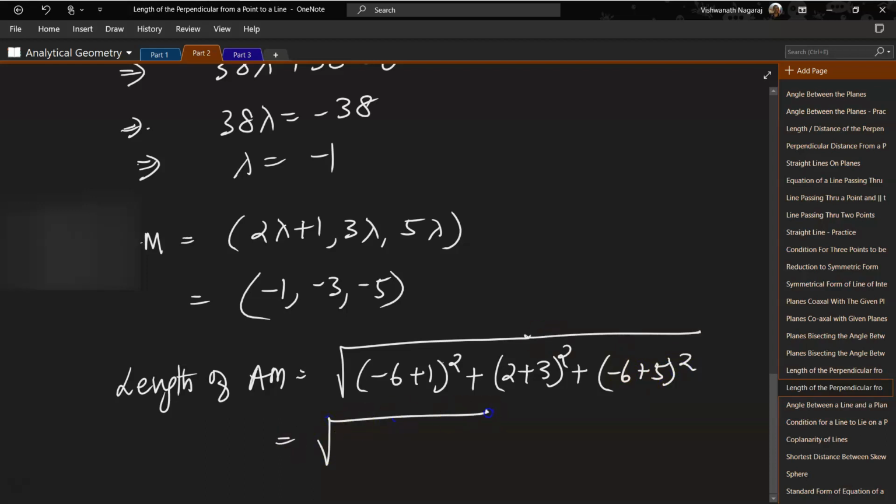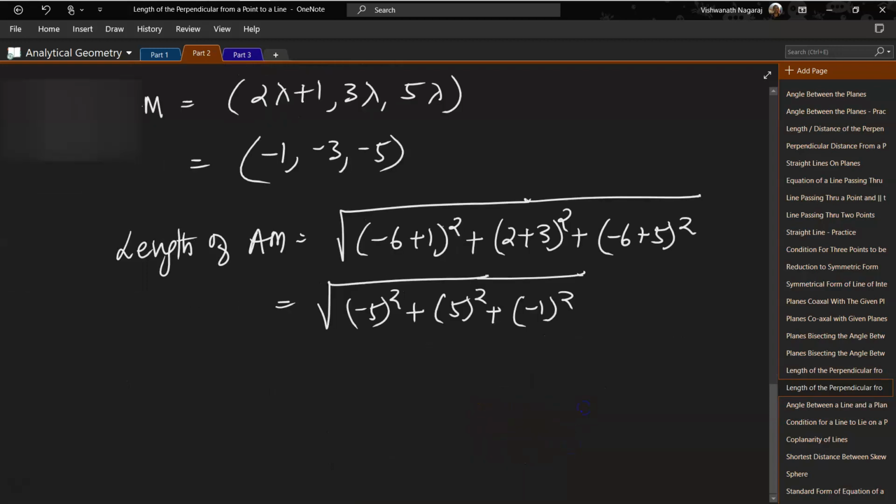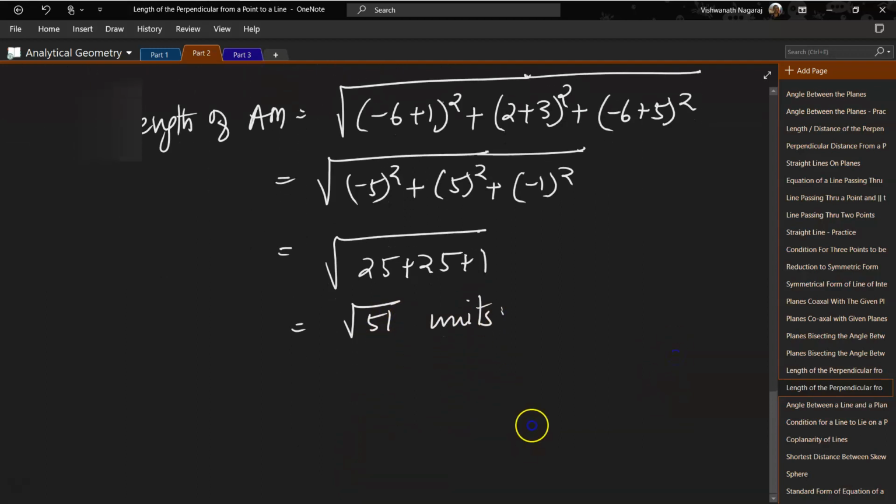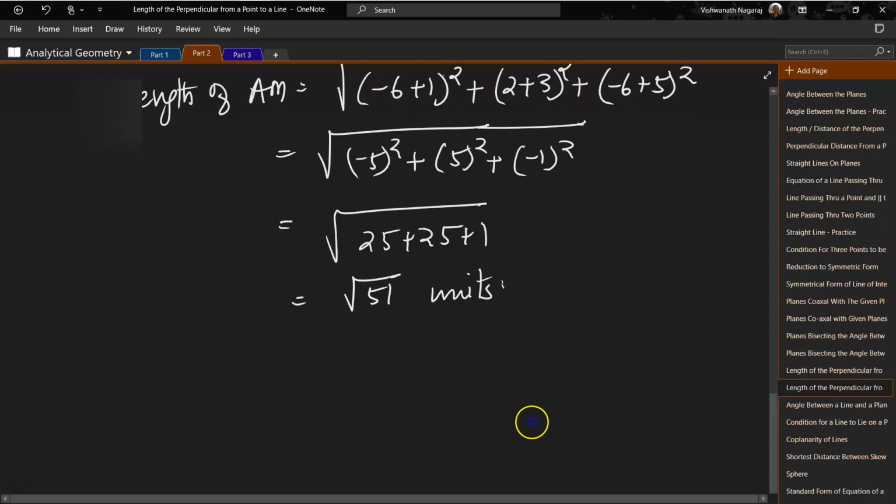Which is equal to minus 6 plus 1 is minus 5 squared, plus 5 squared, plus minus 1 squared, which is equal to 25 plus 25 plus 1, which is equal to square root of 51 units, because it is length, whatever the units. That is the perpendicular distance of a point from a line.